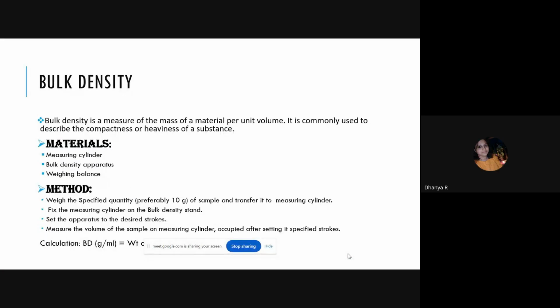Now is it visible, madam? Yes, now it's visible. Bulk density itself? Yes. Madam, if the slide is not moving, please let me know.